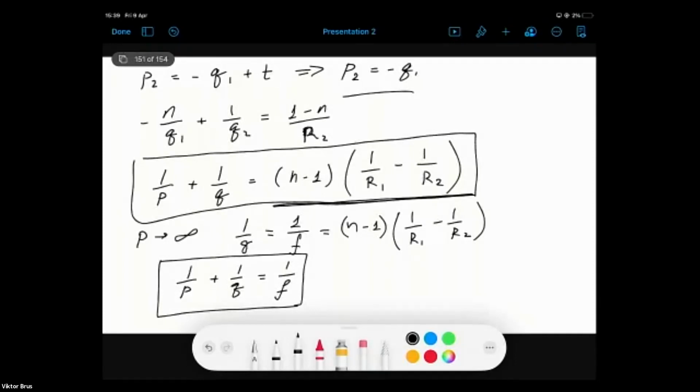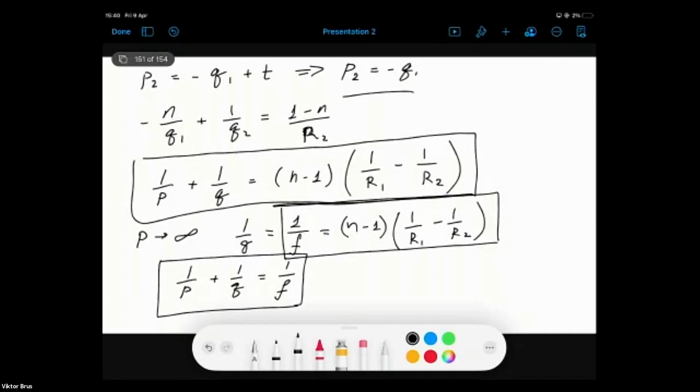By the way, this equation, which gives the relationship between focal distance and parameters of the lens, is called the lens maker's equation, because it gives the parameters of the material and radii of curvature of the first and second surfaces of the lens, which are necessary in order to get a required focal distance of this lens.